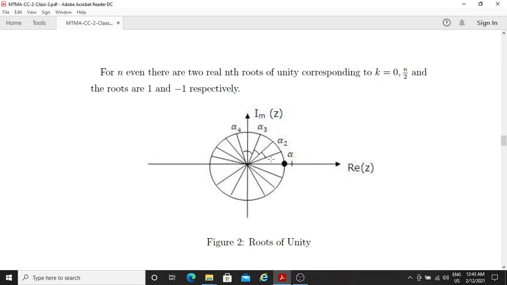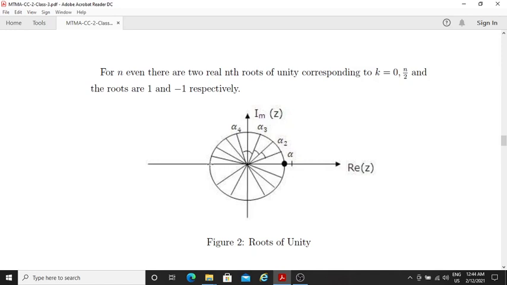And then the angle 2 pi by n, so this is the first one, then twice 2 pi by n, then thrice 2 pi by n, 4 times 2 pi by n, and so on. Now, if you keep on rotating, if n is odd, then you will never land on the negative real axis.